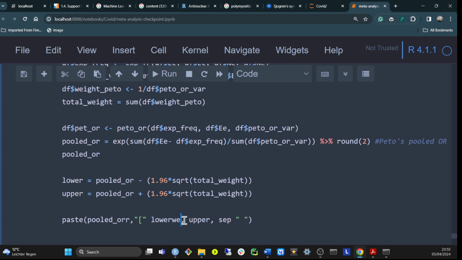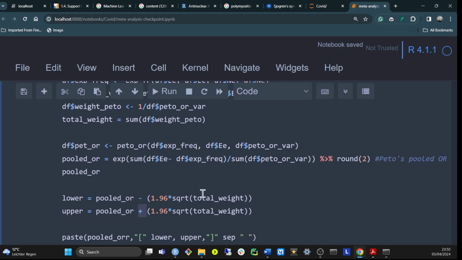So here we have 1.33, 1.11, and 1.59. So if we calculate it manually, you get almost the same result as if you use a package. Anyway, that's how you calculate the pooled odds ratio using the Peto method.